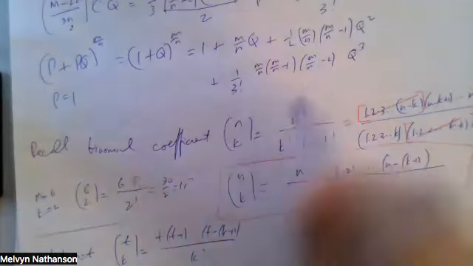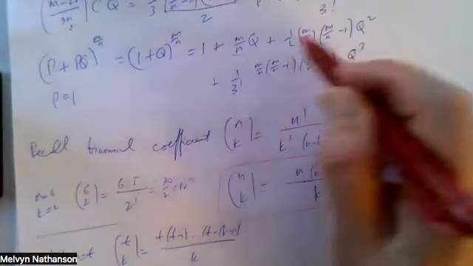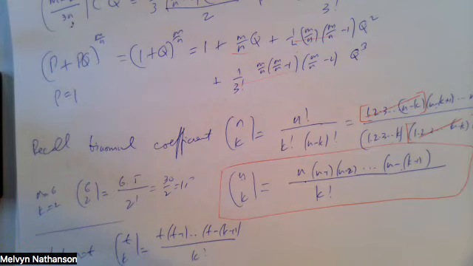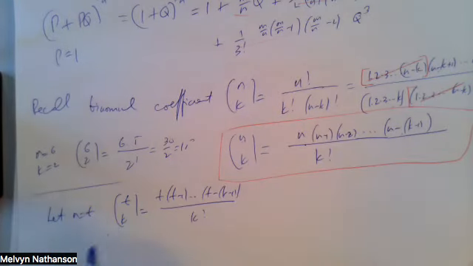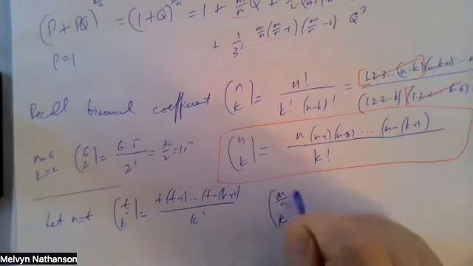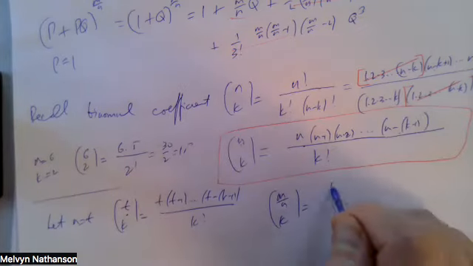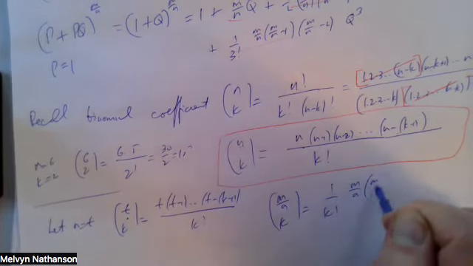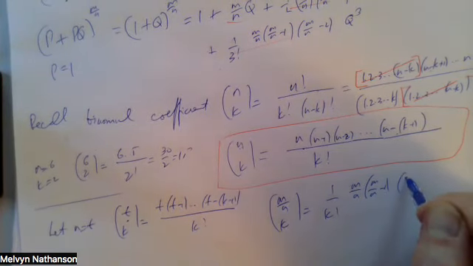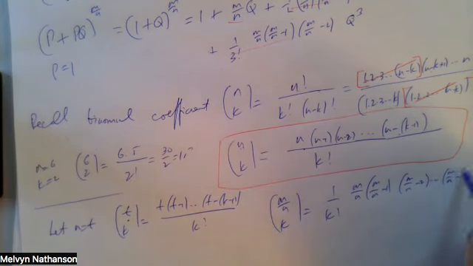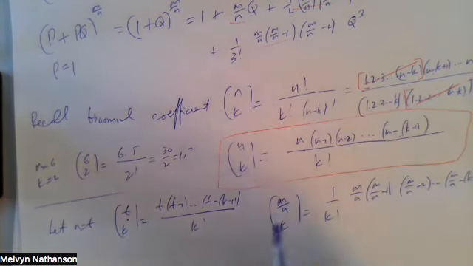And that's exactly the expressions we have here where t is m over n. So if you want to define this as a function of t, if t is m over n, m over n choose k is 1 over k factorial, (m over n), (m over n minus 1), down to m over n minus (k minus 1).